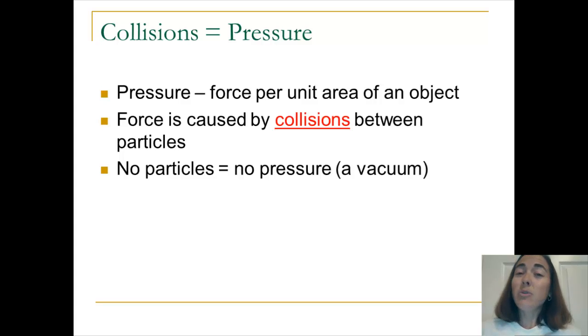Now, if you have a situation where you have a vacuum, an empty space, there's no pressure there because there's no particles. So whether you're talking about a basketball or a balloon or a car tire, the air pressure that you measure in those objects comes from the collisions of the air molecules with the walls of the container.